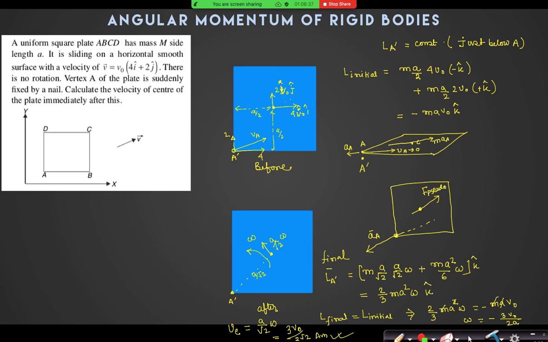As we are fixing A, then the component of the velocity of the center parallel to AC is 0. Yes, definitely. Sir, but then I'm getting a different answer. Why? Because from here also you can see that velocity is perpendicular, so the parallel component is 0. Okay, sir. The perpendicular component will also change. Yes, the perpendicular component will change. Okay. Thank you, sir.